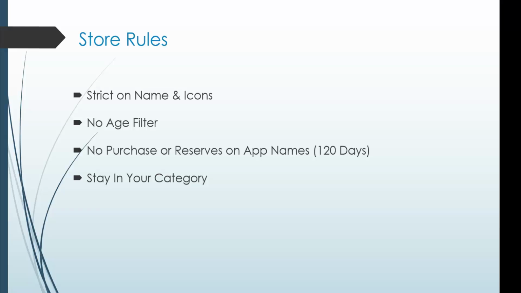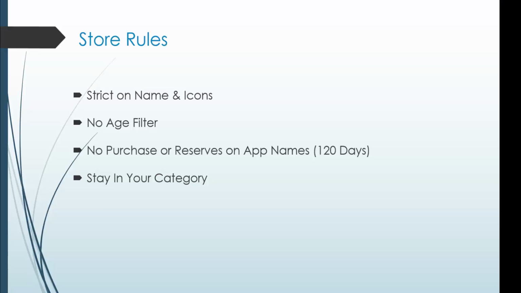There's no purchase or reserves on app names. Unlike a website or a domain name, where you can purchase and reserve any available name, you can't do that on the App Store. And once you've actually chosen a name, you have 120 days to upload your source files, or it'll just go back. People will be able to get it.